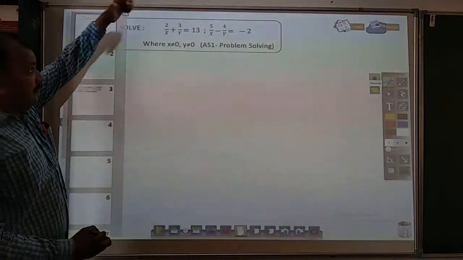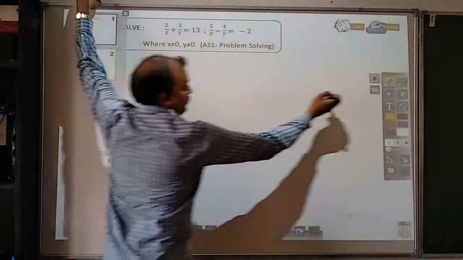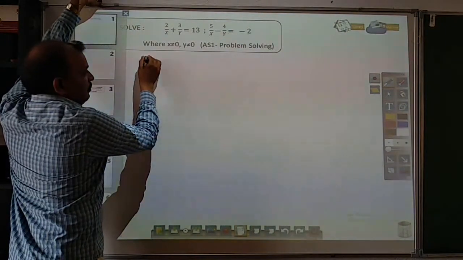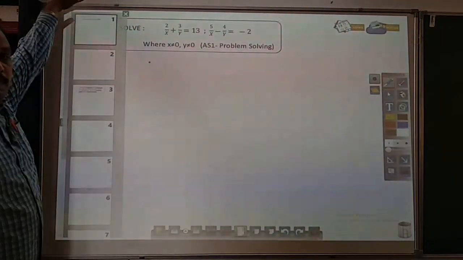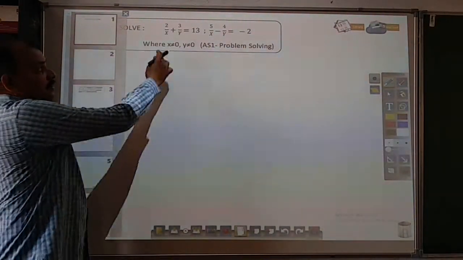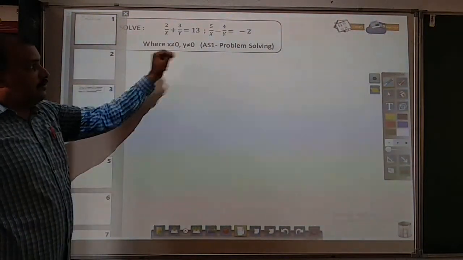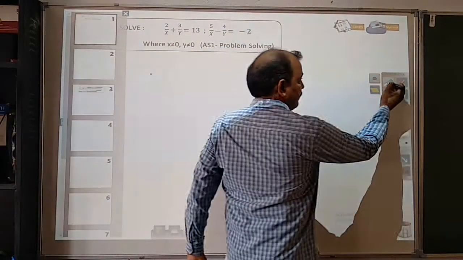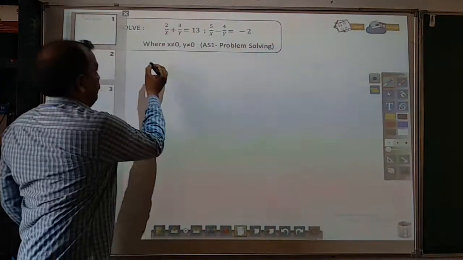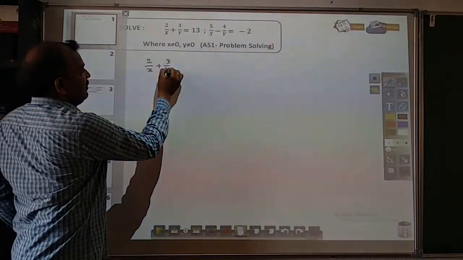First of all, let us take the given two equations, where x is not equal to 0, y is not equal to 0. Let us see. 2 by x plus 3 by y is equal to 13.